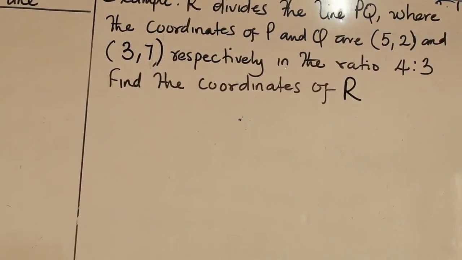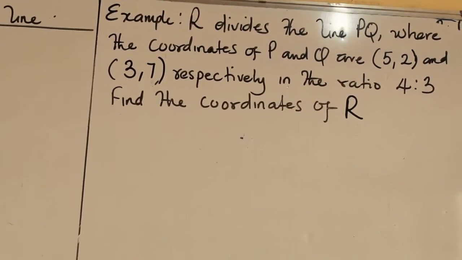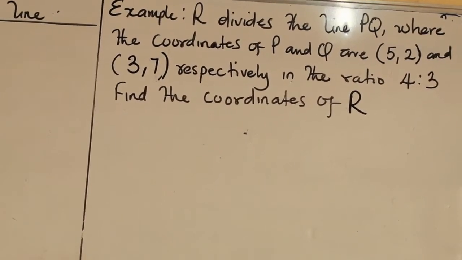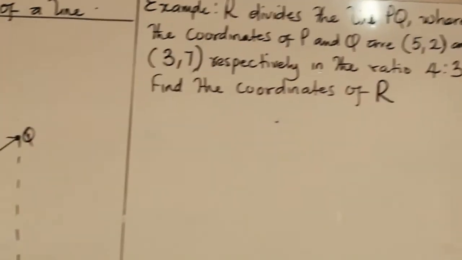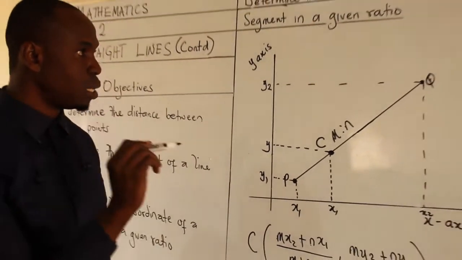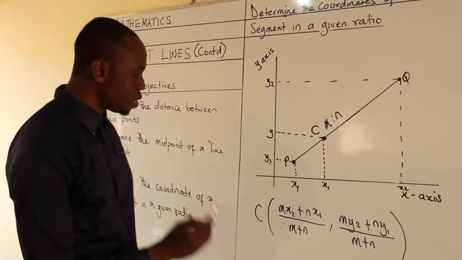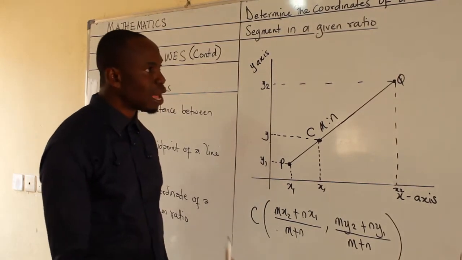Find the coordinates of R. Find the coordinates of the point R that divides line PQ in the ratio of 4 is to 3. In our formula we used C, but in this case the letter they used for the point they are looking for is R. So in place of C, we will be writing R.